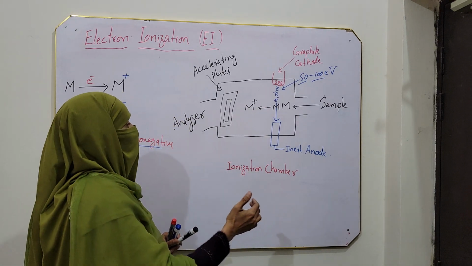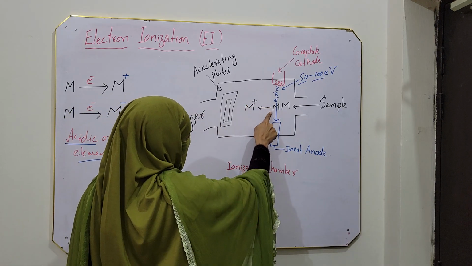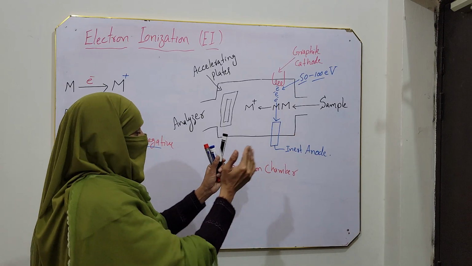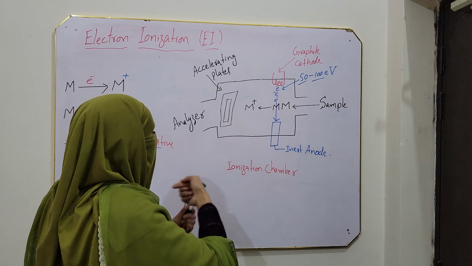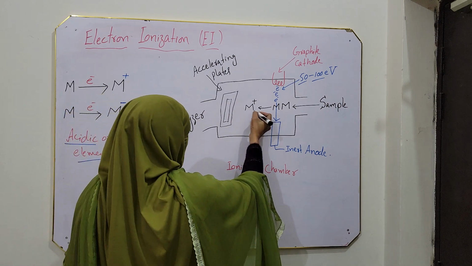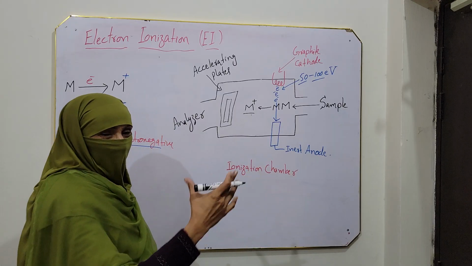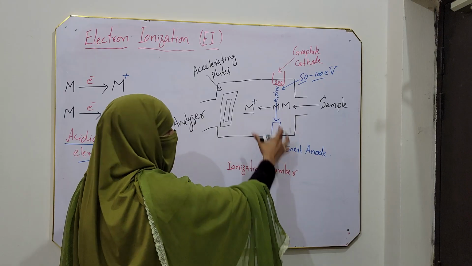So ionization of the sample occurs due to electron impact. The electron strikes the sample molecule like a snooker ball and ejects an electron from it. This is how sample ionization occurs in the ionization chamber by electron impact.